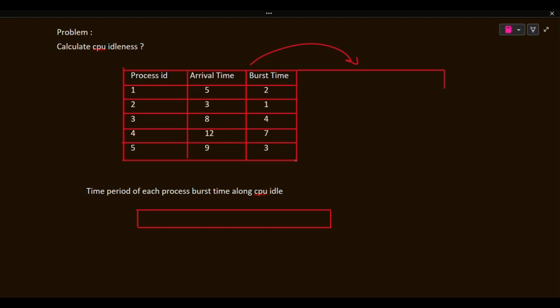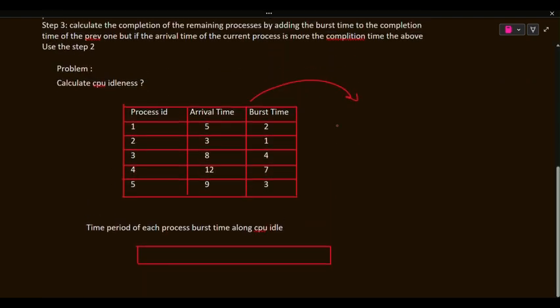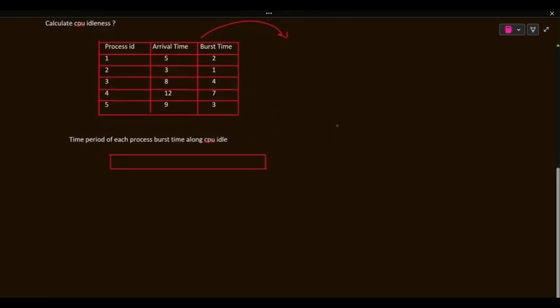Let's extend this tabular form. There are totally five processes.